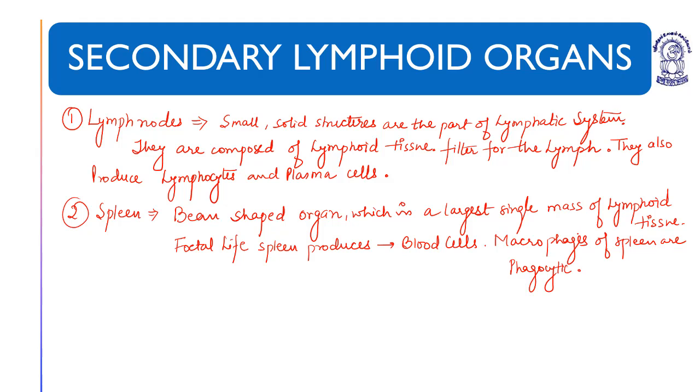Then tonsils. Tonsils act as filters to protect the body from different types of pathogens. They help in the formation of white blood cells.